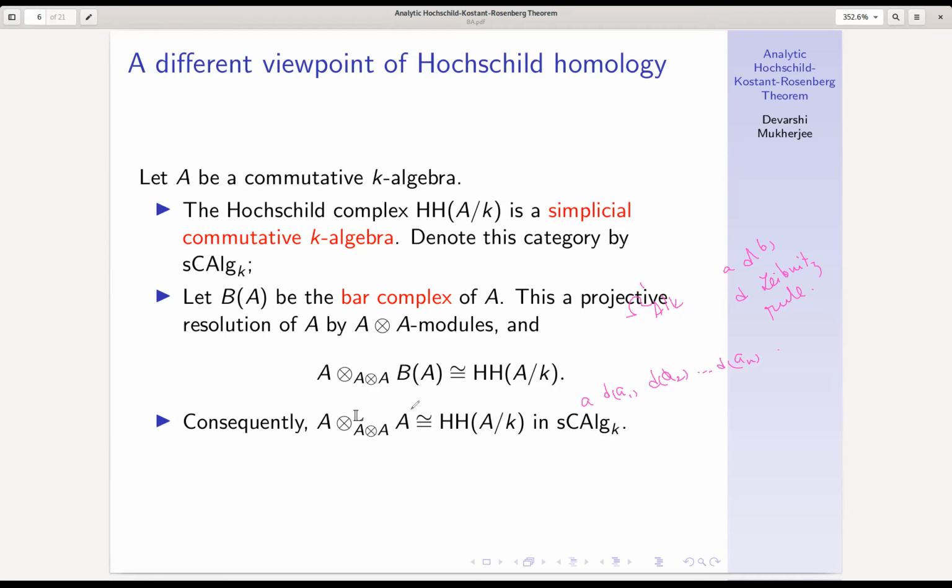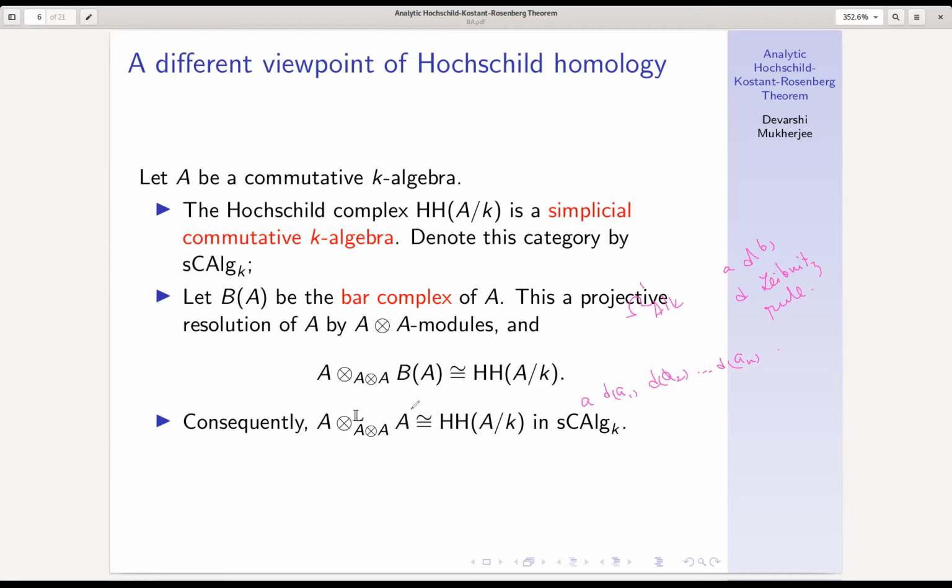I don't think the multiplicative structure carries over. I think this is just at the level of, this is on the nose really. So this is for each term in the complex that's isomorphic. But BA maps onto HH. Isn't that not a homomorphism of simplicial algebras? Yeah, I don't think it is. Not of algebras. Okay.